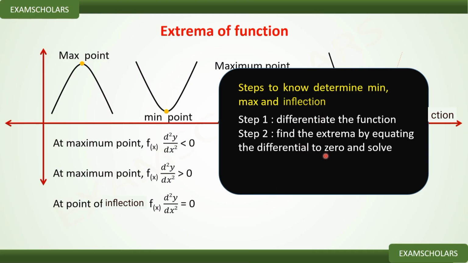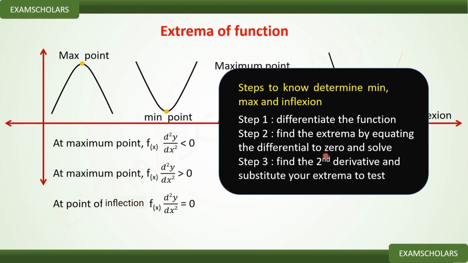You are going to get two answers for x, the two extreme end coordinates. When you get them, you will now find the second derivative of the function and substitute the values that you have gotten from step 2 inside it. Whichever satisfies this condition, you can use it to get the maximum point, minimum point, and point of inflection.